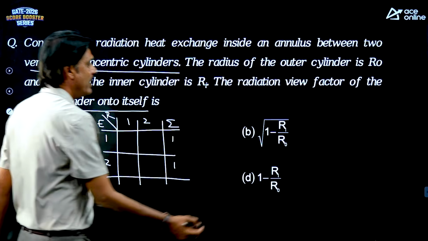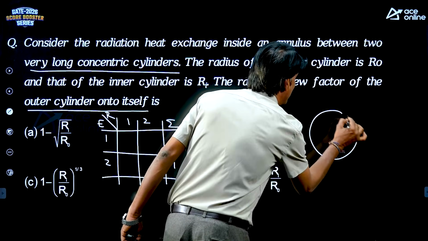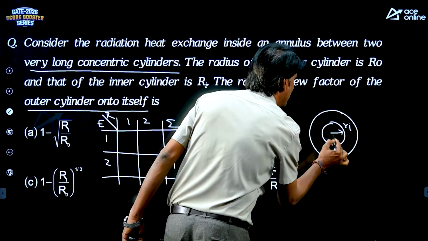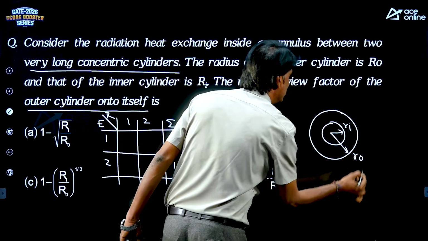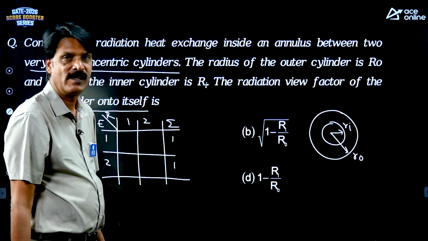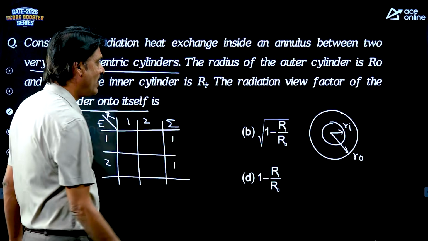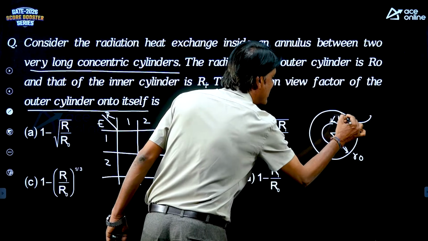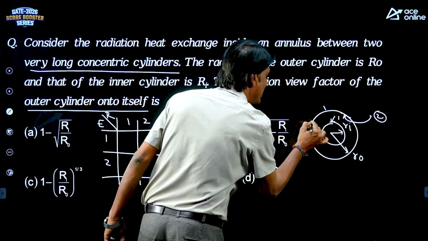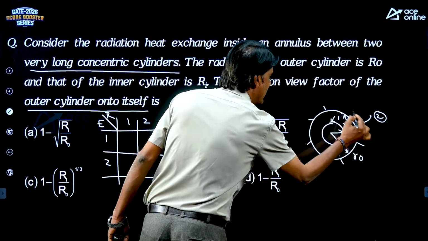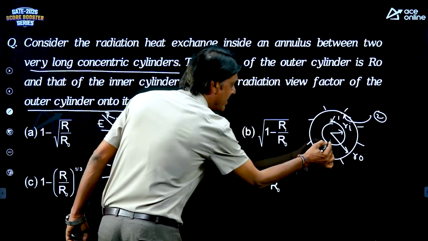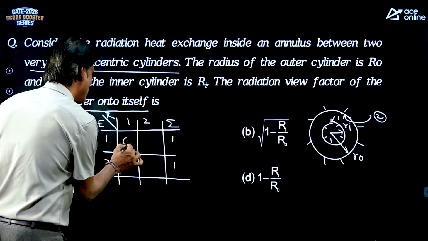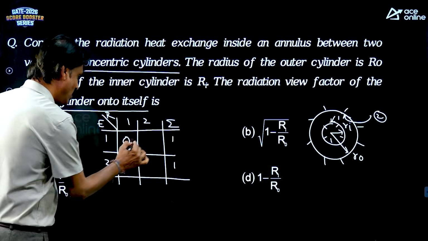Now, you are having two concentric cylinders. This is 1, this is Ri, this is R0. This particular surface is 1 and this inner is 2, outer is inactive, so F11 equal to 0, F1 on 2 equal to 1.